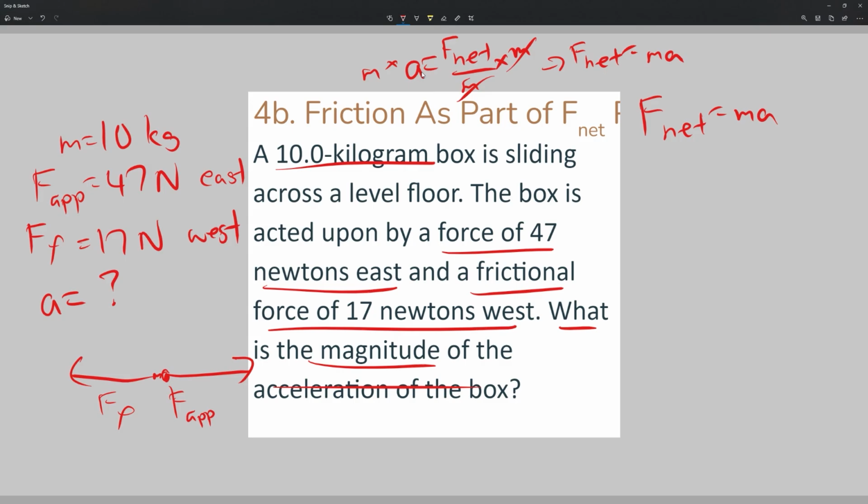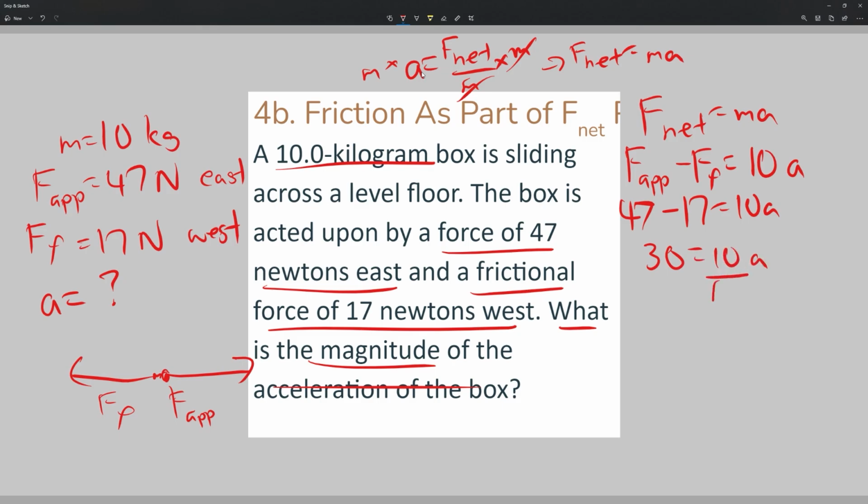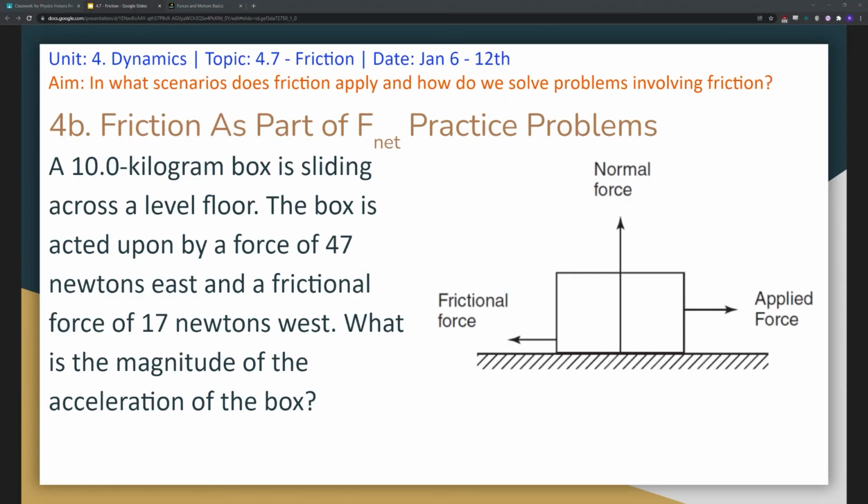So your applied force minus your force due to friction. Again, you're subtracting because it's going in the opposite direction. So 47 newtons minus 17, so 30 is equal to 10a. And then you get a. All right, and that's it.